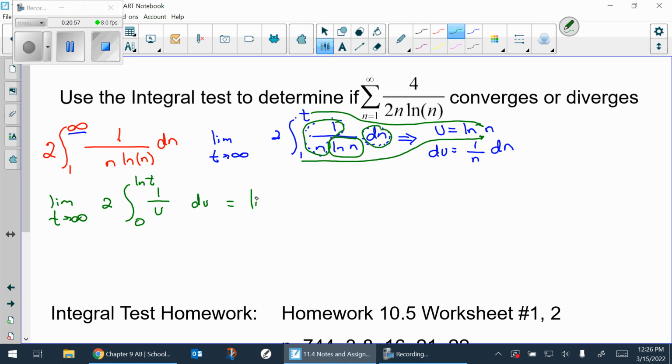Okay, we're going to be taking the limit as t approaches infinity. The antiderivative of this is natural log of the absolute value of u evaluated between 0 and the natural log of t.